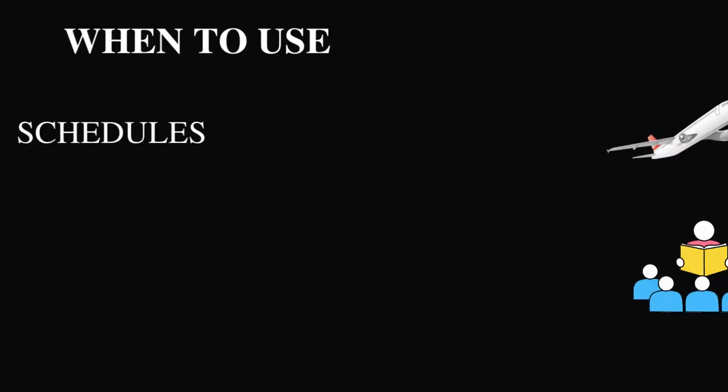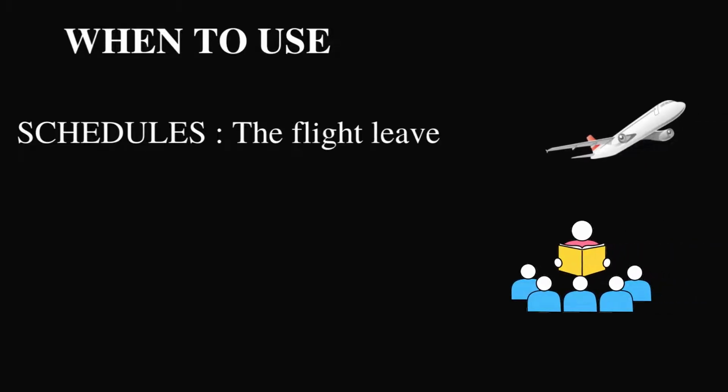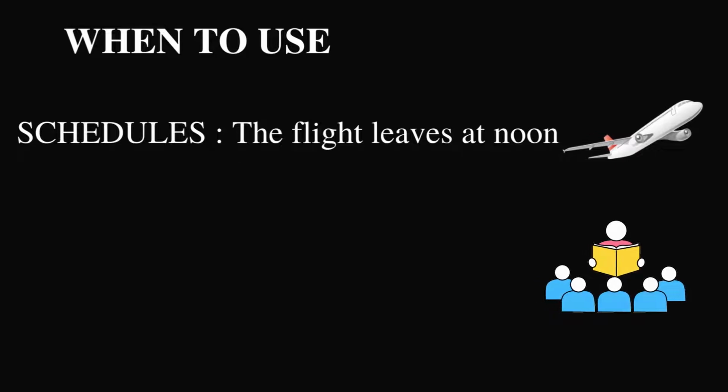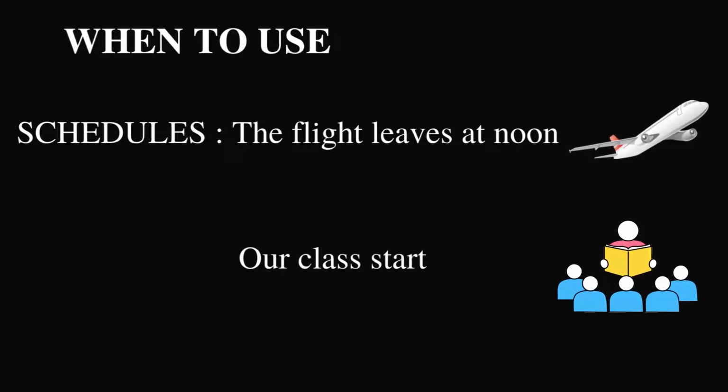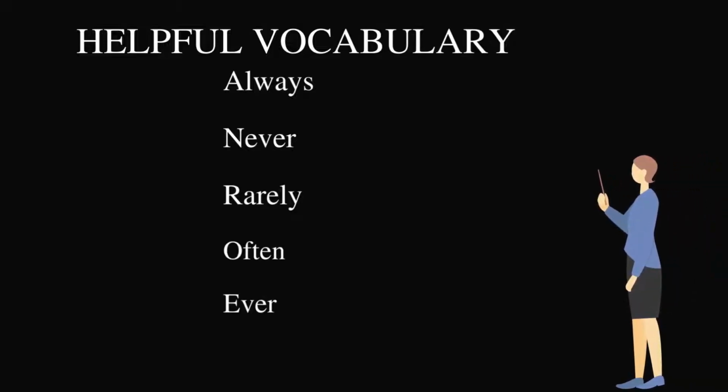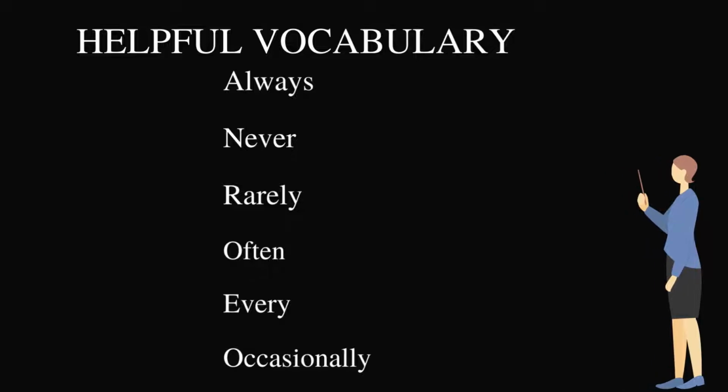We also report our schedules using present indefinite tense. For example, the flight leaves at noon. Our class starts at 9. Here is a list of vocabulary that helps us to identify how frequently an action is being done.